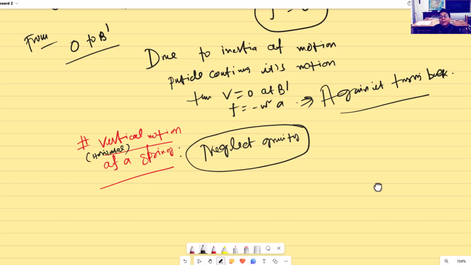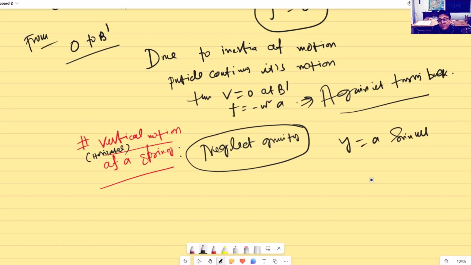You do not have to take a particle in UCM to explain SHM. Do I need to consider a particle in uniform circular motion, with another particle performing SHM? No. Now SHM becomes an independent topic. Why independent? You will say that you have borrowed omega from UCM.